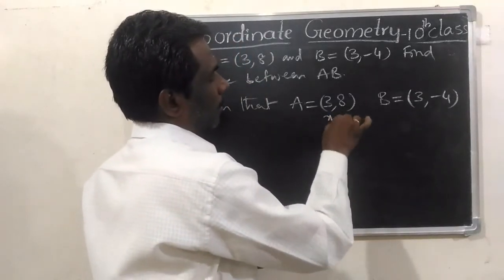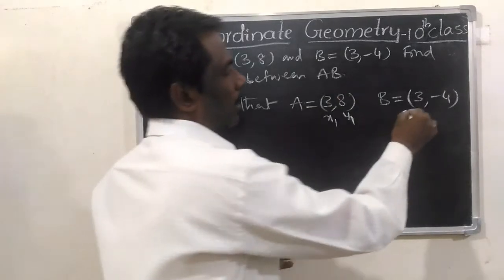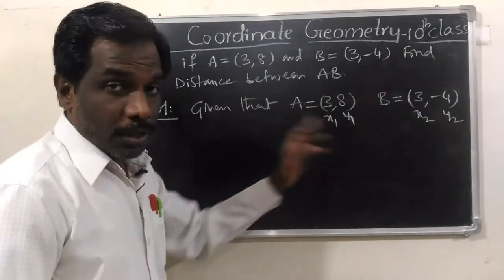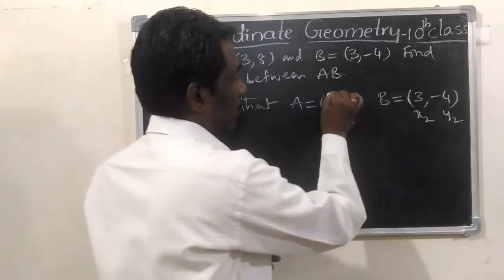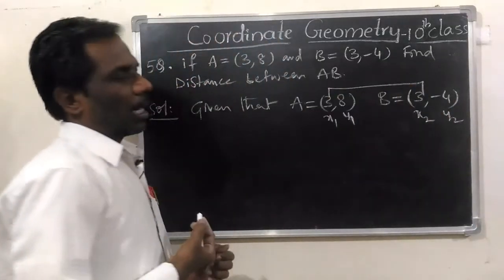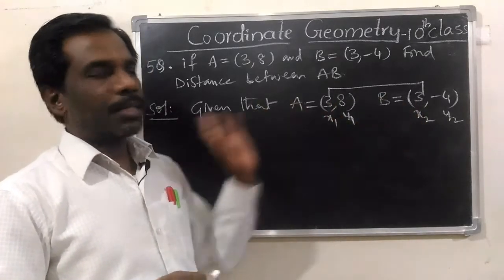Let the first point coordinates be x1, y1 and the second point coordinates be x2, y2. If we observe these two points, x1 and x2 values are the same, 3 and 3.